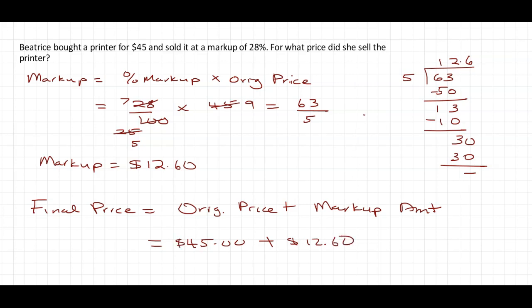So $45 plus $12.60. So this is going to give me $57.60. So that is how much Beatrice would have had to sell her printer to get a markup of 28%.